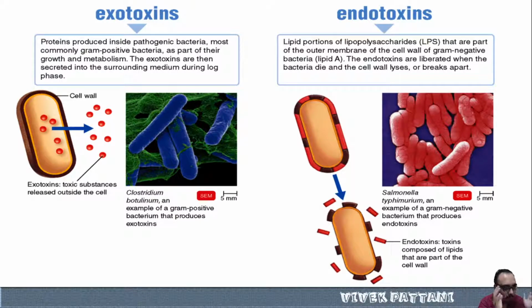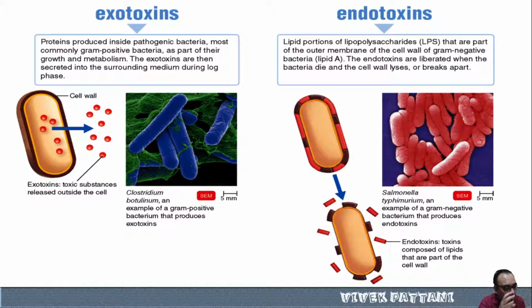Now what are exotoxins, and what are endotoxins? Exotoxins are produced inside some bacteria as a part of their growth and metabolism, but are secreted by the bacterium into the surrounding medium.